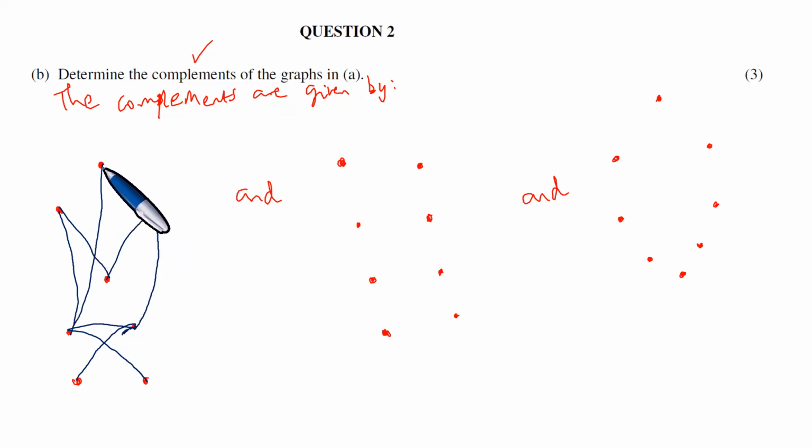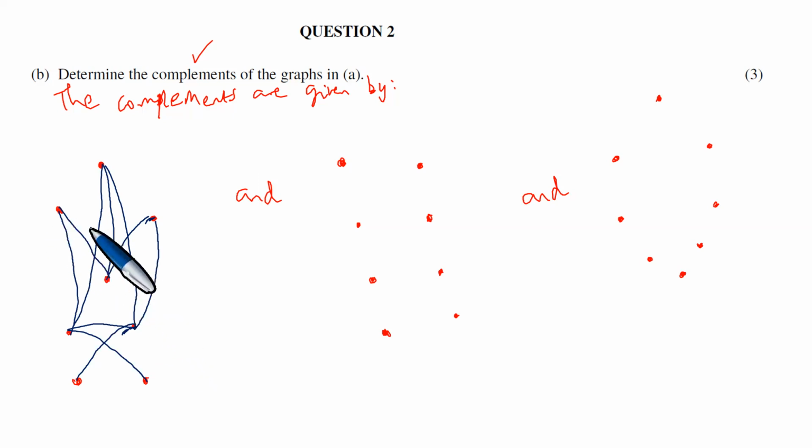So you are joining all the edges, but obviously the triangle was not joined with the graph on the 5 vertices. So you now join the edges that were not joined. We can't join these ones because they were joined. These were not joined, so we can join them. These were joined, so we can't join them. All right, we have that.